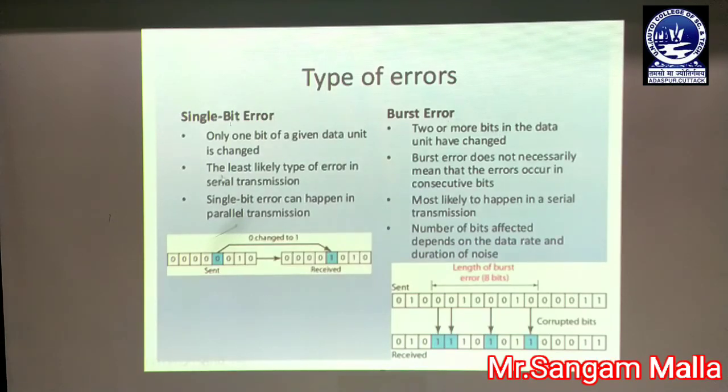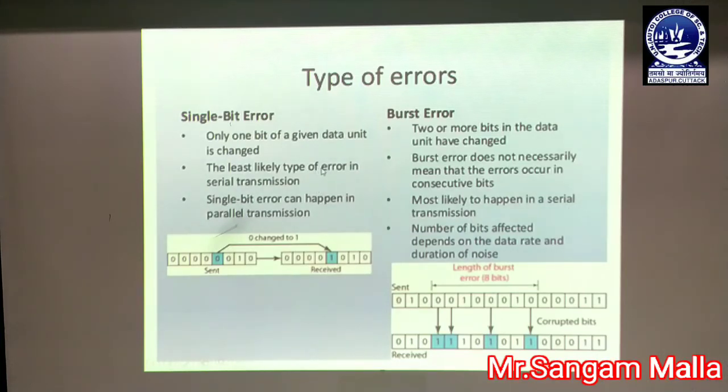Single bit error is the likely type of error in serial transmission. That means single bit error is mostly found in serial transmission mode, whereas burst error does not necessarily mean that the error occurs in consecutive bits. The errors formed in burst error are not necessarily in consecutive bits, and it is most likely to happen in serial transmission.